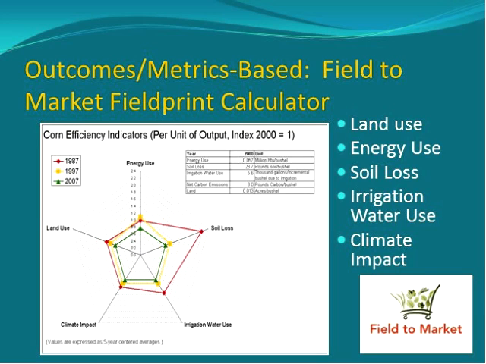So the farmer will input his or her production information into the tool. They'll get a personal graph for their operation, but then Field to Market doesn't use a particular farm's information. They aggregate the data to assess whether or not they're meeting particular sustainability goals.